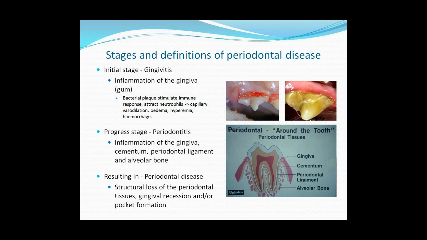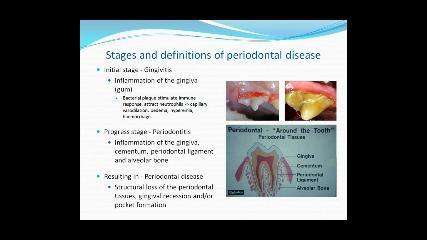On the right-hand side, we can see a dog, an upper fourth premolar in both cases. Both have gingivitis, both have red inflamed gums. This is seen by capillary vasodilation, edema of the gums, hyperemia and hyperplasia, and also hemorrhage if we were to touch the gingiva as well.